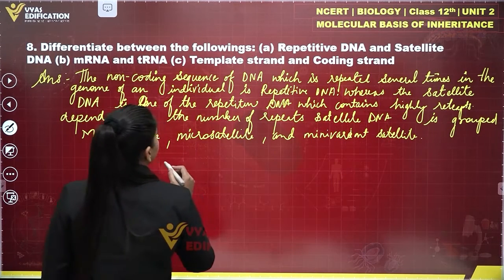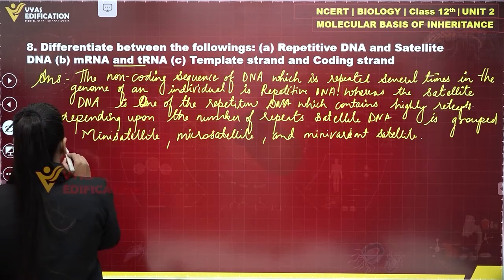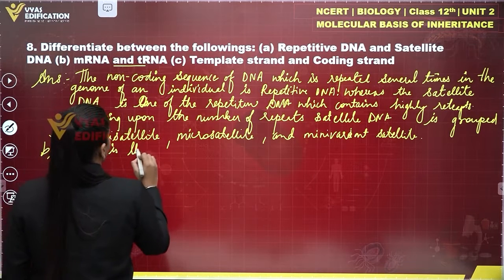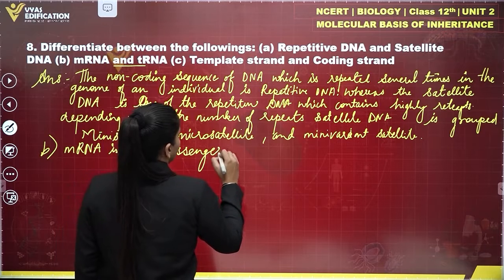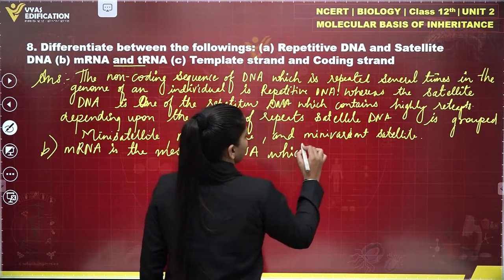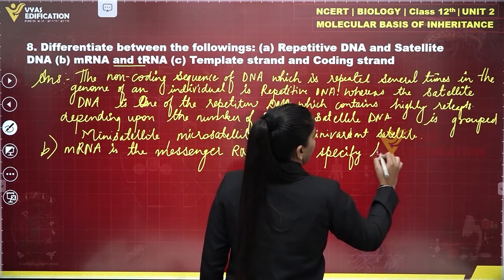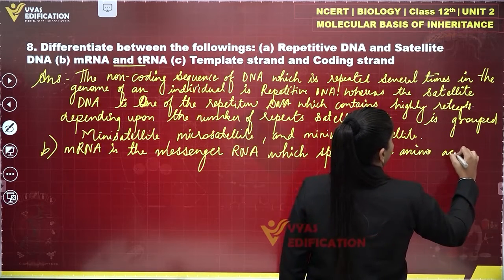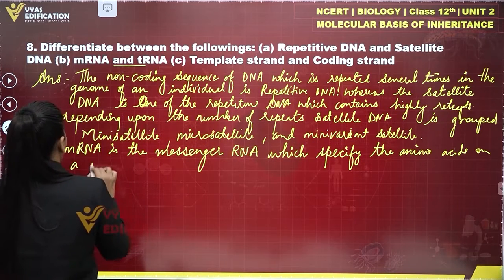Now if we write the differences between mRNA and tRNA, mRNA is the messenger RNA, which specifies the amino acids on a polypeptide.